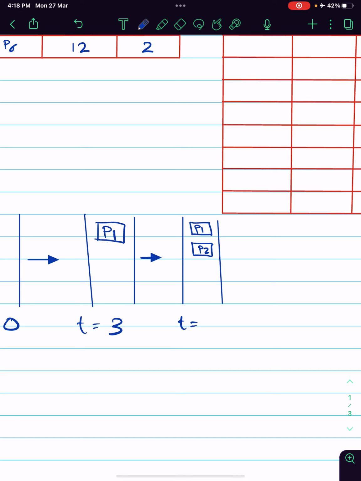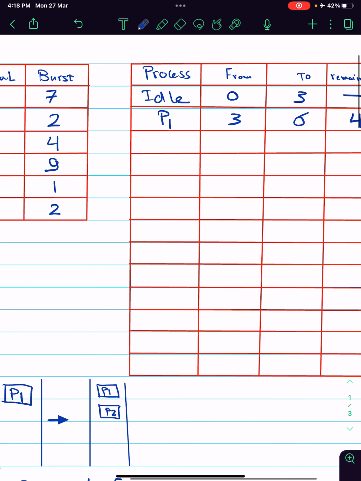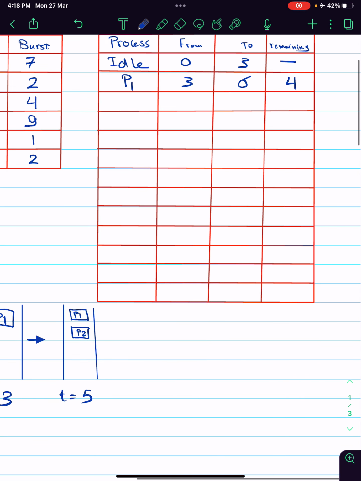That's T equals 5. But then at time 6, the quantum expires. The time assigned for P1 expires, right? So at time 6, what's going to happen is as follows.